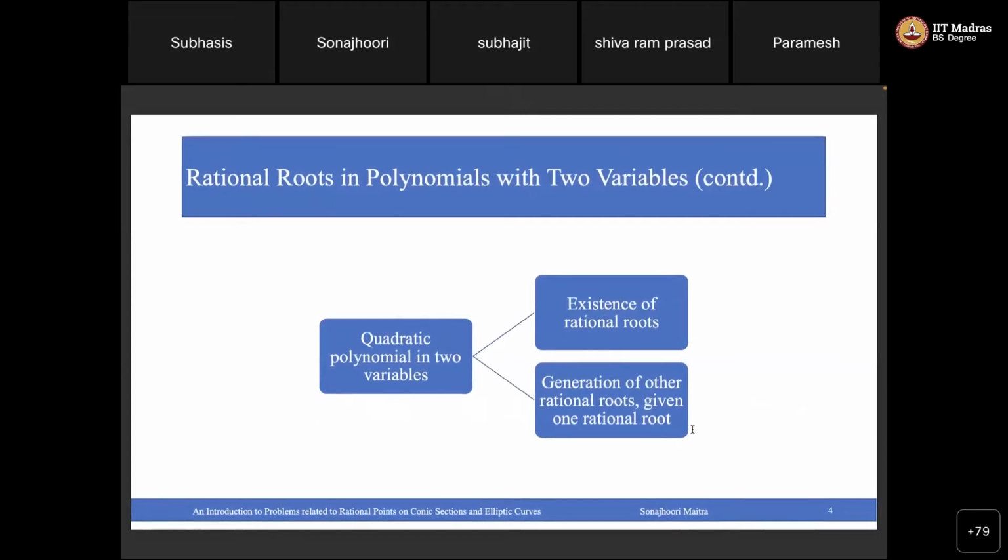And the second is generation of other rational roots. Like you might have noticed that I said that for quadratic polynomials, there will either be 0 rational roots or there can be infinite rational roots. The second question deals with how we can find those infinite rational roots. In this talk, we will basically deal with the second point, and we will try and prove it.